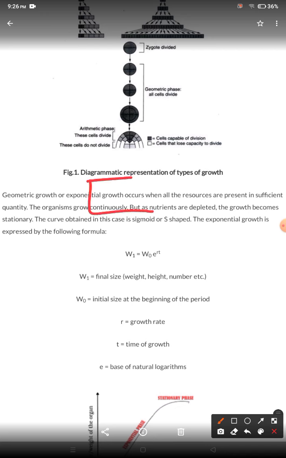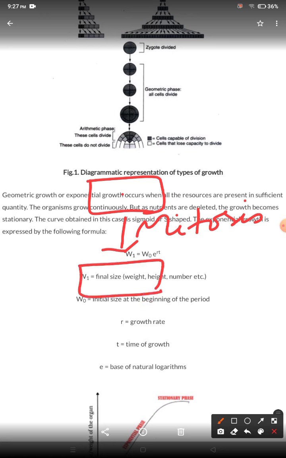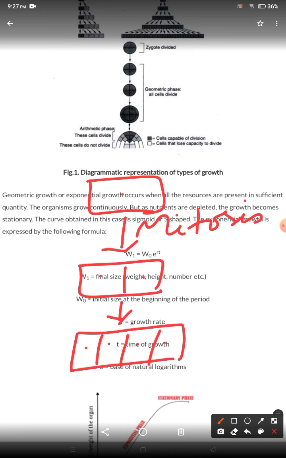This is the parental cell. Mitosis division takes place. We obtain two daughter cells. On further division, both the daughter cells will divide and we obtain four daughter cells.